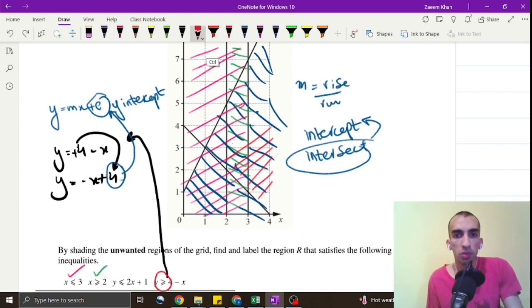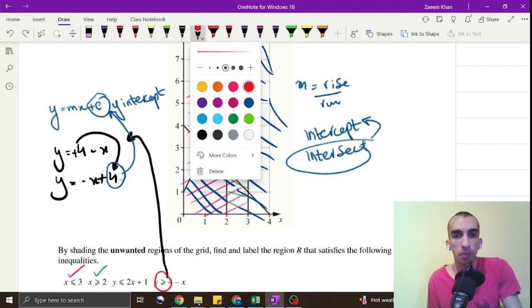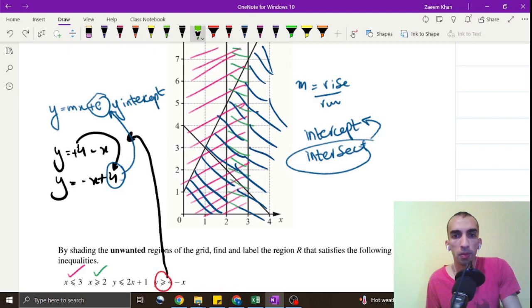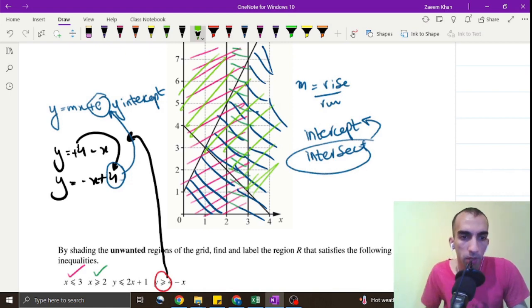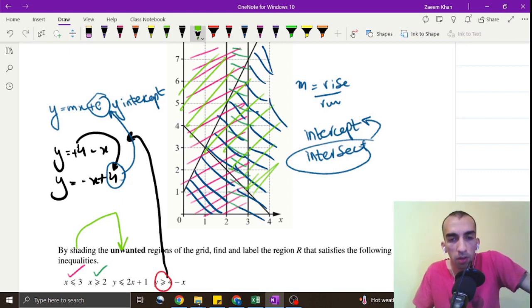I should use a different color. Now the only tricky part that remains, Rida, is shading the unwanted regions. The unwanted regions are the regions where all of the colors do not exist.